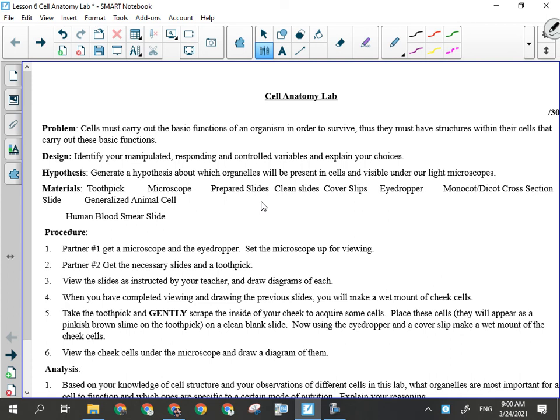For our hypothesis, okay, the if part has to deal with the second point of the cell theory.